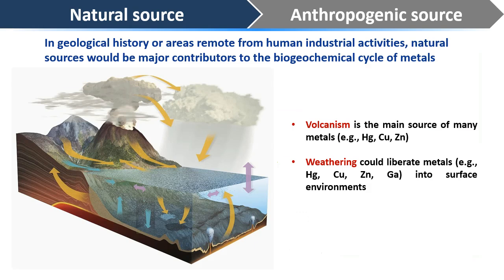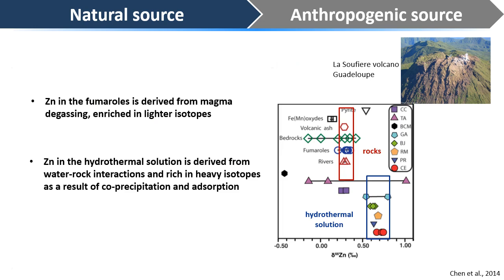So in geological history or in areas remote from human industrial activities, natural sources would be the major contributors to the biogeochemical cycle of metals. This includes volcanism or weathering. We take the example of zinc emission from La Soufrière active volcano on Guadeloupe Island.